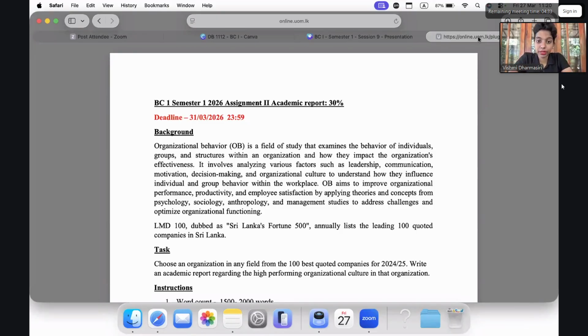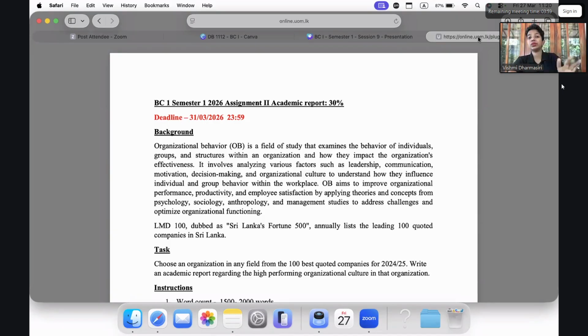But you do not have to go into very heavy detail about the last bit in the introduction, where it says OB aims to improve organizational performance, productivity, and employee satisfaction by applying theories and concepts from psychology, sociology, anthropology.